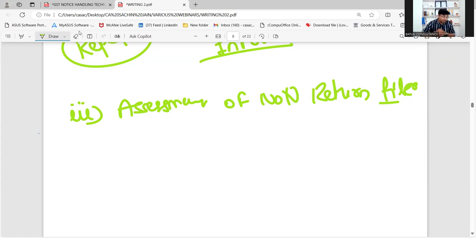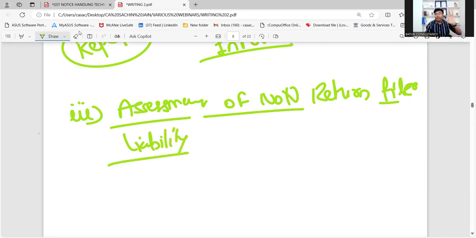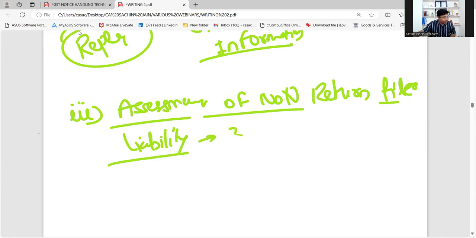In that case, the departmental authority gets the data that Mr. Sachin Jain has made a sale of a particular amount, but Sachin Jain is not going to file the GST return. So in that case, based on whatever data is available with the departmental authority, that authority will decide my case and provide me one intimation that Mr. Sachin Jain, as per the detail available with us, this is your assessment and this is your liability.